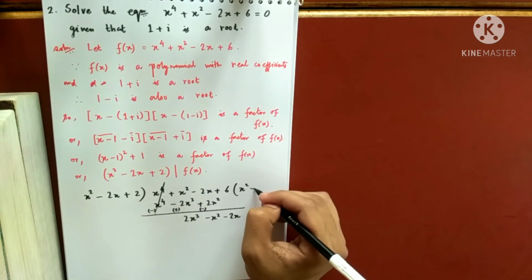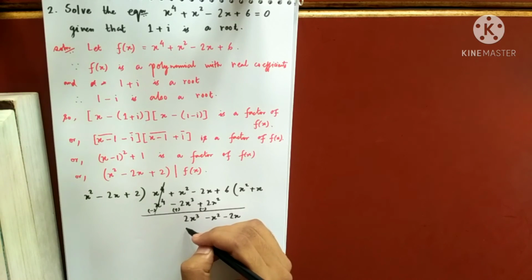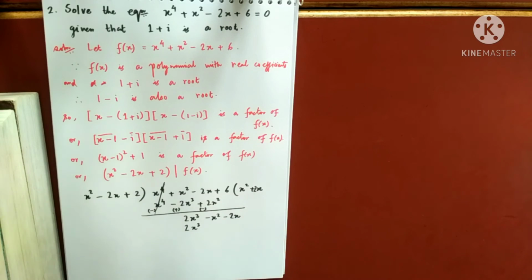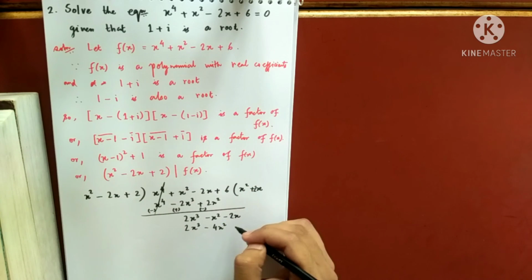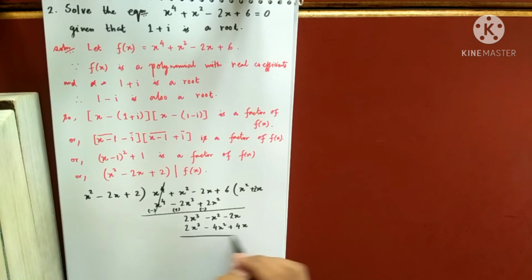So now let's take 2x. So 2x cube minus 4x square plus 4x.